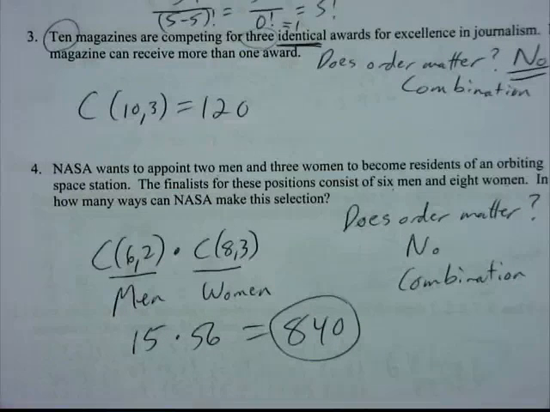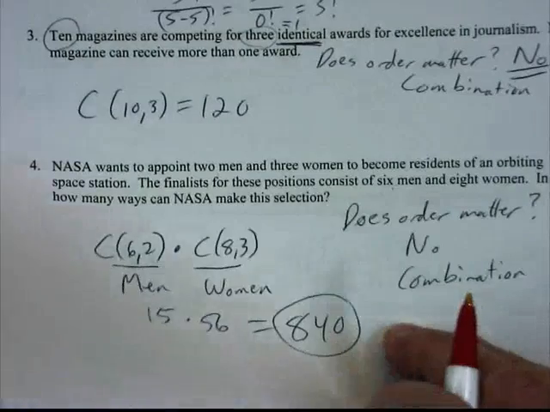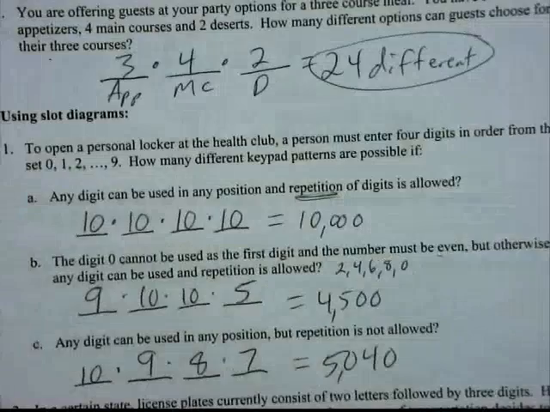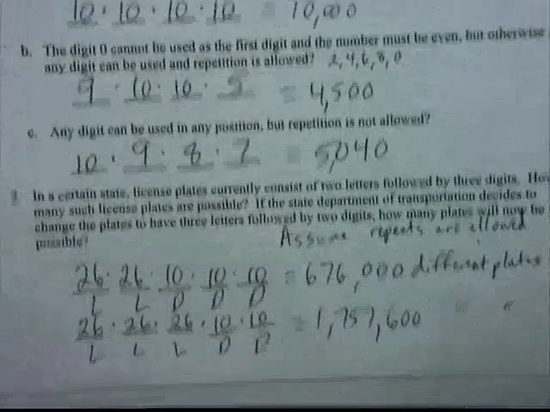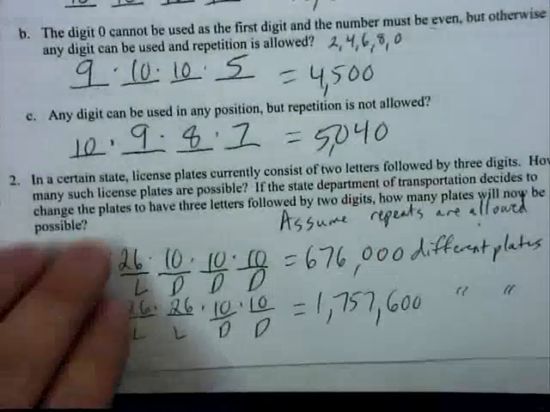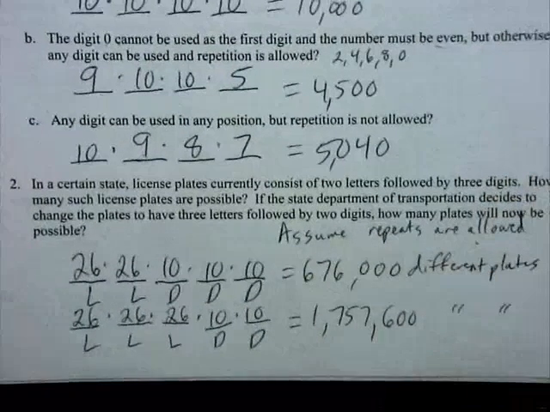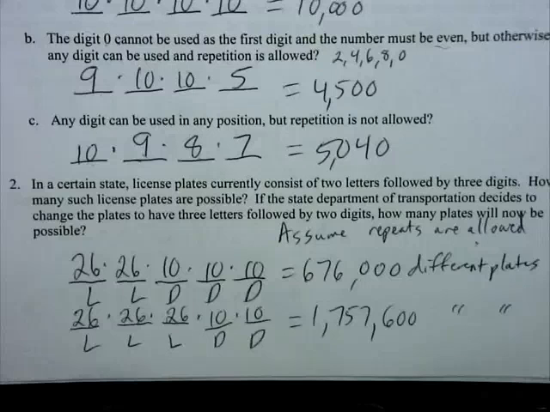Alrighty? Now one last note. One of the problems that we did back in 13.2 was the license plate problem. And if you look at that one, is there a way that you could use combinations or permutations?